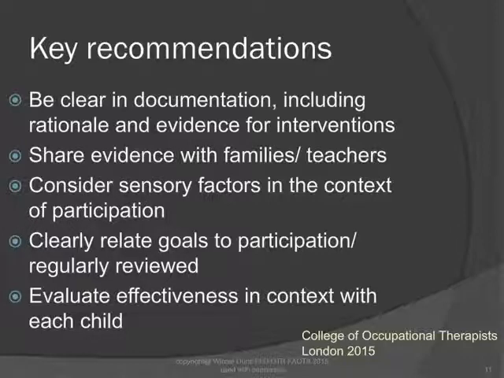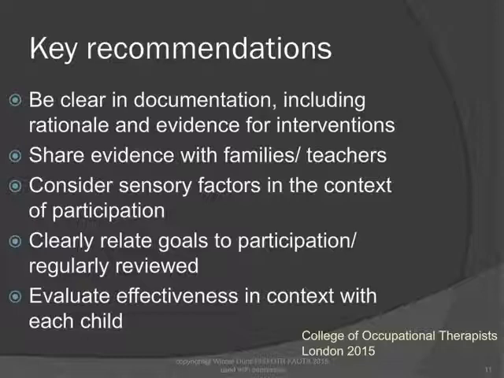Be clear in documentation, including rationale and evidence for interventions we select. Share evidence with families and teachers. Consider sensory factors in the context of participation. Clearly relate goals to participation and regularly review them related to participation.